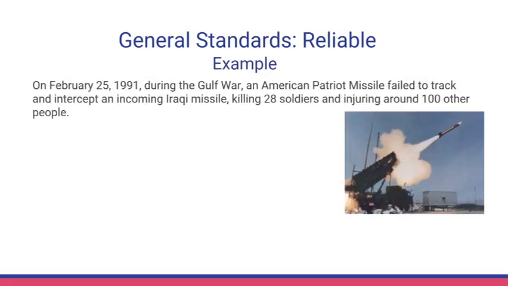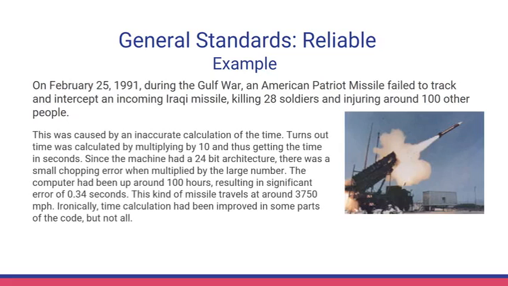For instance, on February 25, 1991, during the Gulf War, an American Patriot missile failed to track and intercept an incoming Iraqi missile, killing 28 soldiers and injuring over 100 other people. This was caused by an inaccurate calculation of the time. Turns out, time was calculated by multiplying by 10 and thus getting the time in seconds.